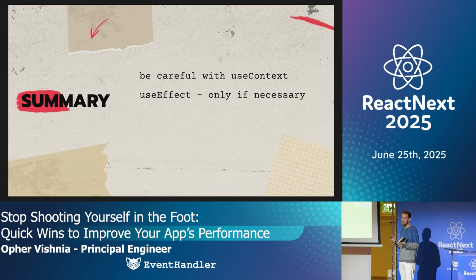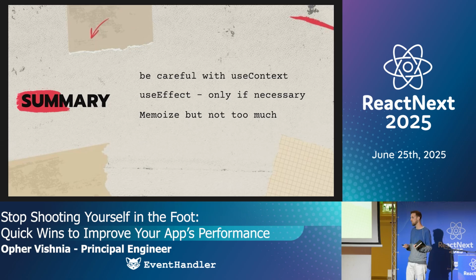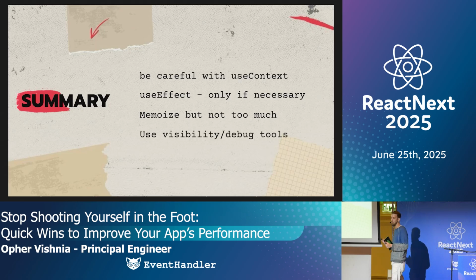Make sure that you actually need these and that you're using them for data synchronization and not just because. Memoize, but just don't put memoize on everything because that will be counterproductive. And lastly, you have visibility tools. If you feel that something is missing, that something is wrong, that you have a performance issue, you have a way to figure out exactly what is going on.